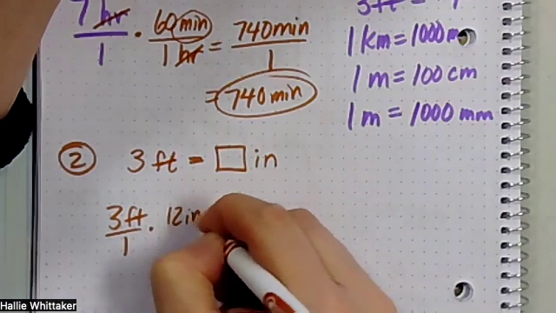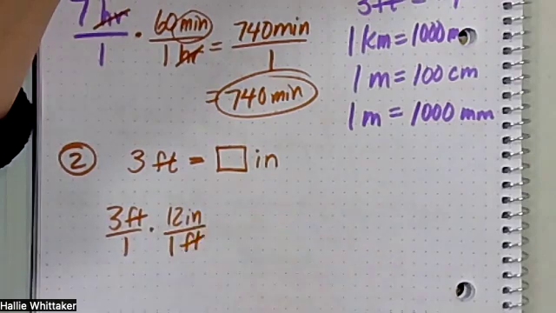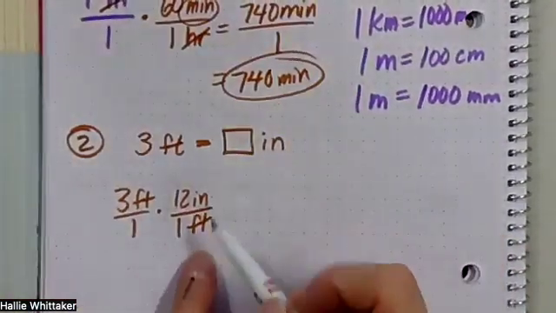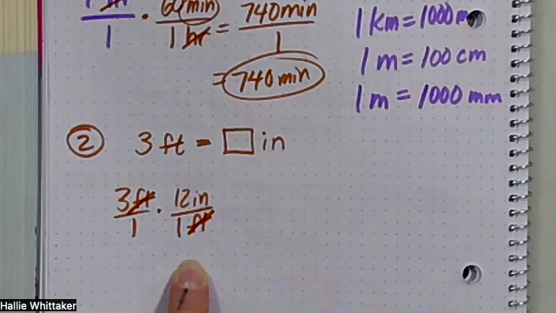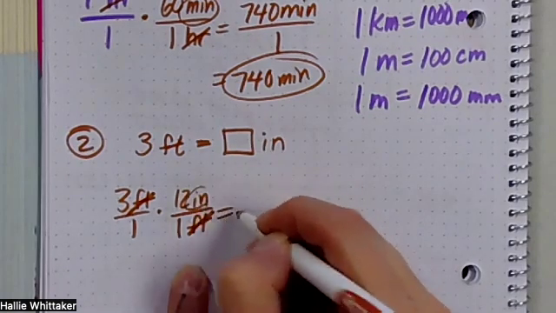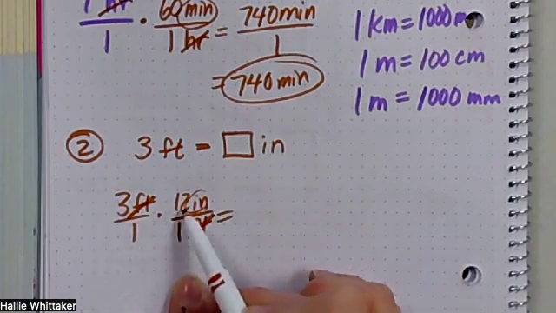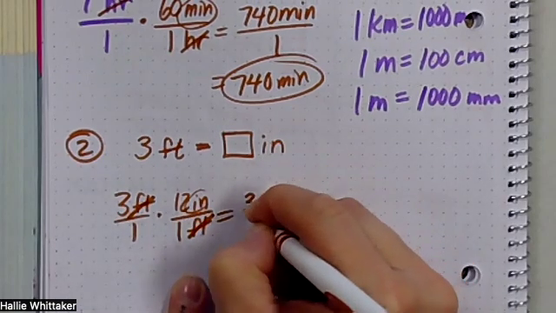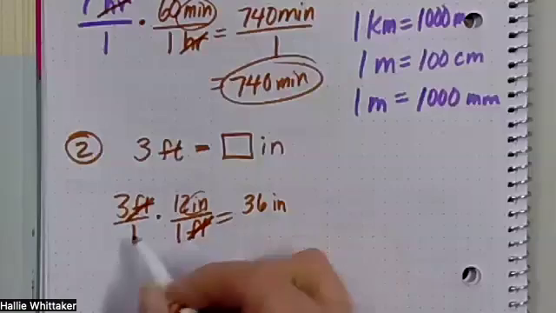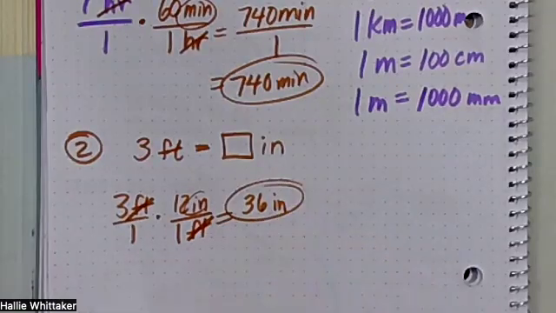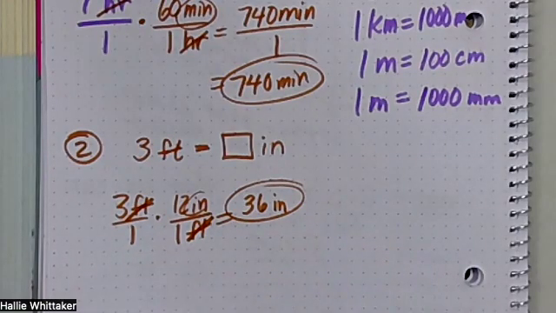Numerator, 12 inches in 1 foot. And the reason Bennett did that is because he knew that the feet would cross eliminate, and that's what you're aiming for. We're left with inches. So multiply straight across. 3 times 12 is 36 inches. We don't need the 1. Just stop there. 36 inches.